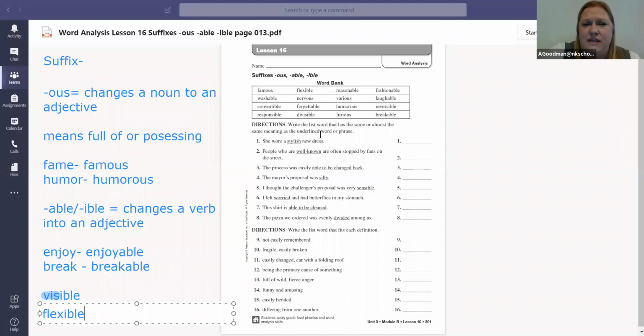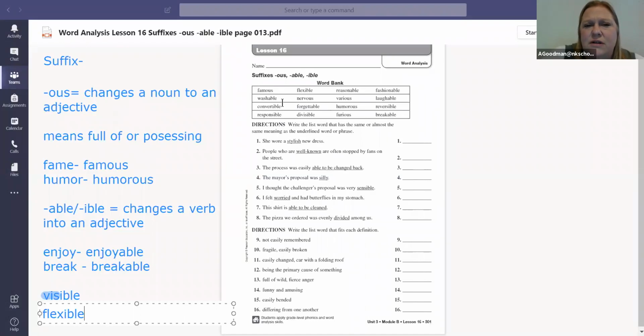So on the first part, you are going to write the list word that has the same synonym, or almost the same meaning, as the underlined word or phrase. Let's take a look at number one. She wore a stylish new dress. To me, that sounds like having or possessing. We're changing it into an adjective. So something that ends with either ous, able, or ible that means stylish.